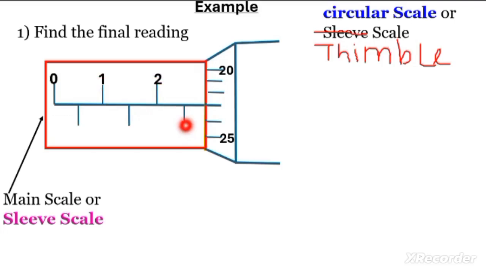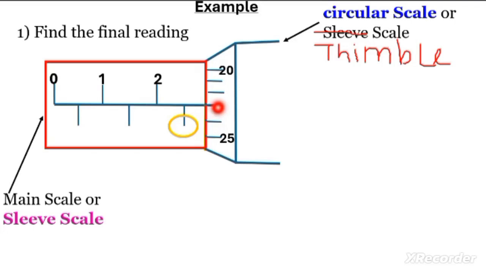So this is the last mark on the main scale. Therefore on the main scale we have 2.5. Then on the circular scale we are going to find the mark that is coinciding with the horizontal line coming from the main scale.